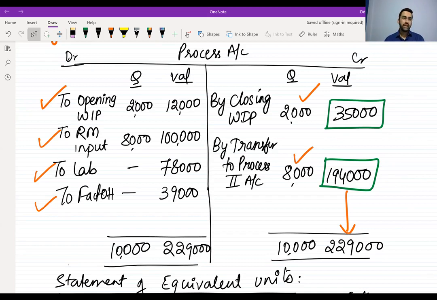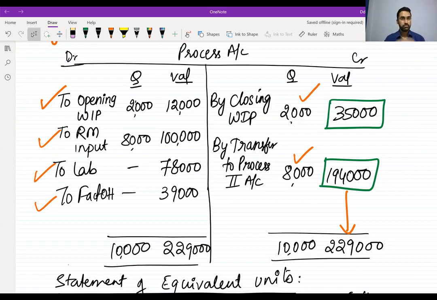Okay, now that we have completed both FIFO and the average cost approach, it's time to understand when to use FIFO and when to use average cost. You tell me, in the FIFO method, we gave importance to opening WIP.